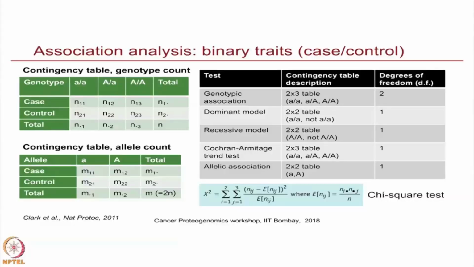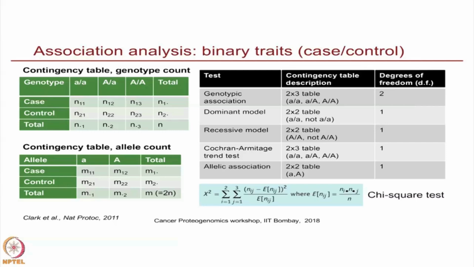Another way to deal with this additive effect is to convert the genotype count table into an allele count table. Basically, each person contributes 2 alleles to your count table, so your sample size actually increases from n to 2n, right?